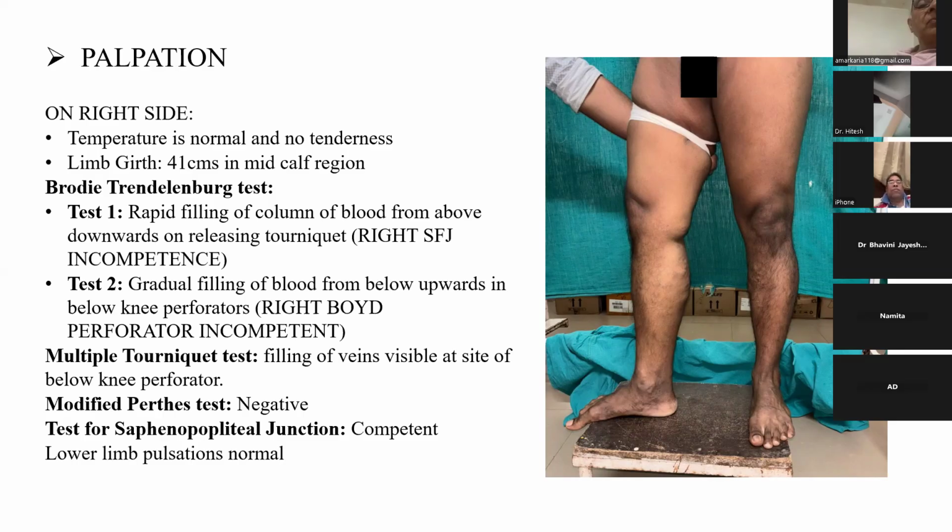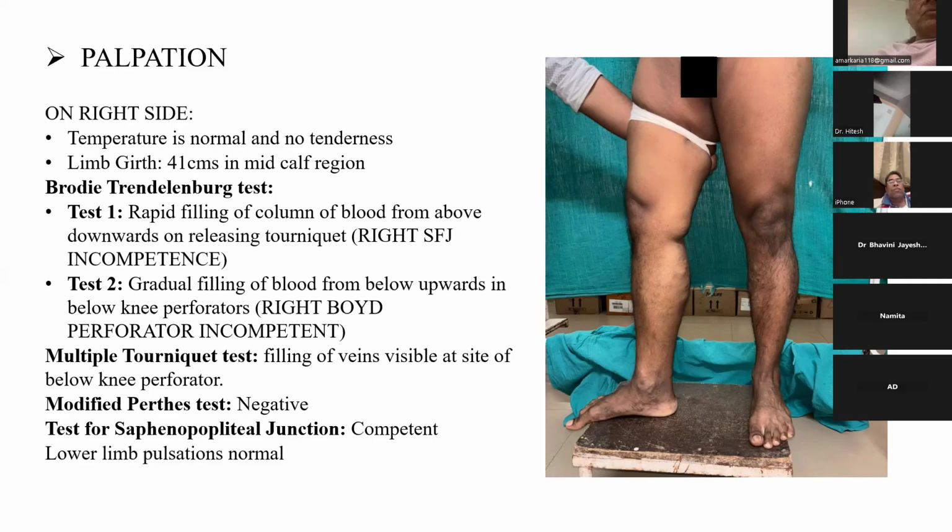For test two, I will repeat the similar procedure of making the patient supine, elevation and milking the veins, following which I will apply the tourniquet and tell the patient to stand up. Then I will see if there is gradual filling of blood from below upwards, in which area filling of blood is occurring with the tourniquet kept there.